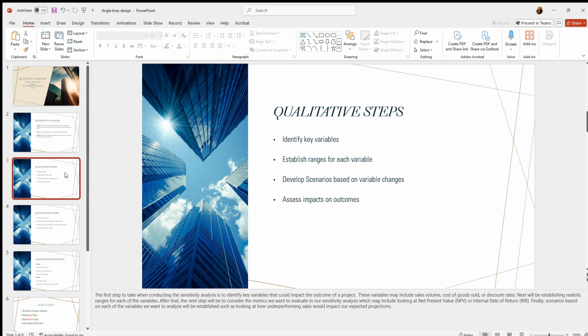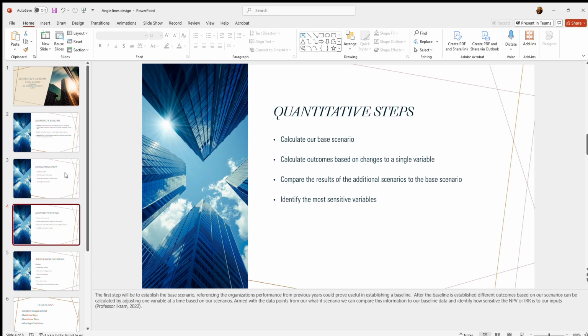Finally, scenarios based on each of the variables we want to analyze will be established, such as looking at how underperforming sales could impact our expected projections.